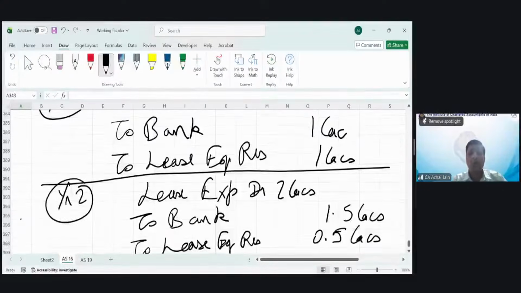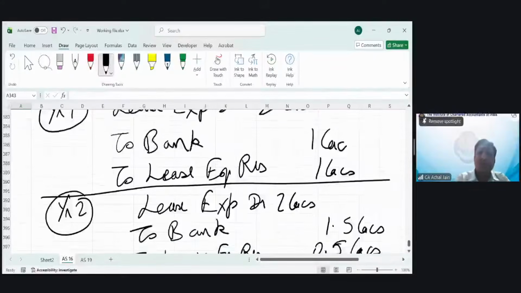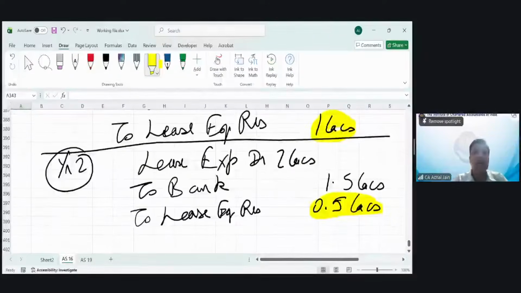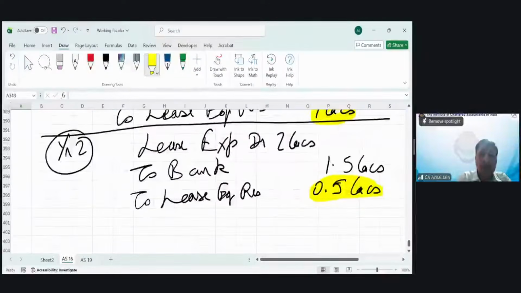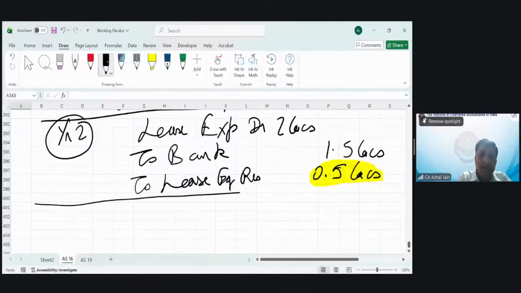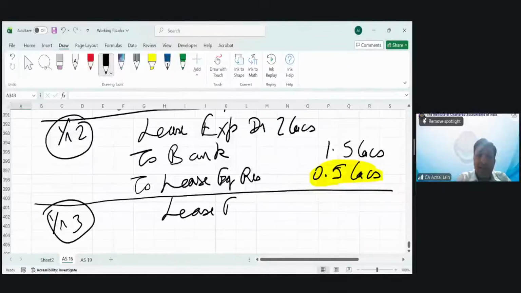So over a period of 2 years, what is the lease equalization reserve? 1 lakh plus 0.5, so collectively we have a reserve of 1.5 lakhs. Third year, what is the accounting entry you will pass? Lease expense debit 2 lakhs. Now the bank payment is what? 2 lakhs.